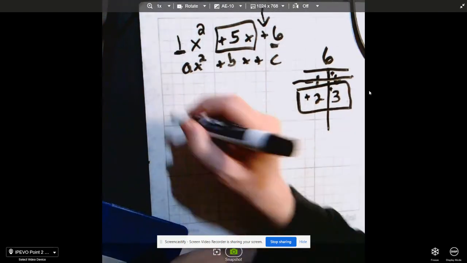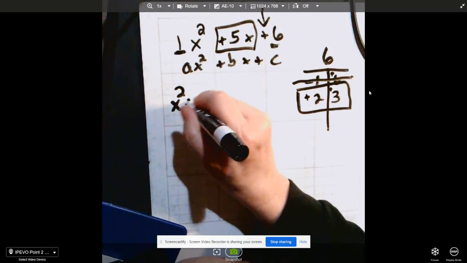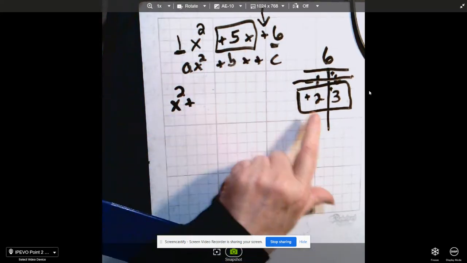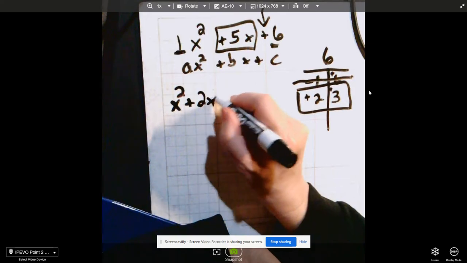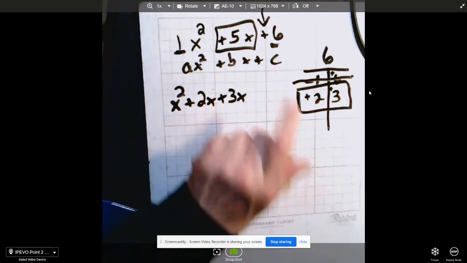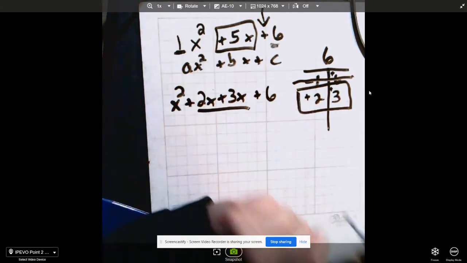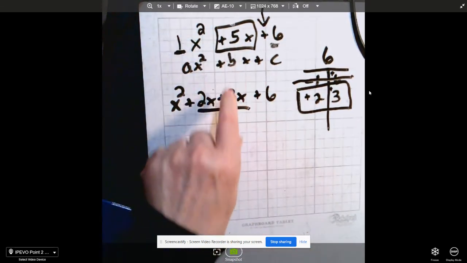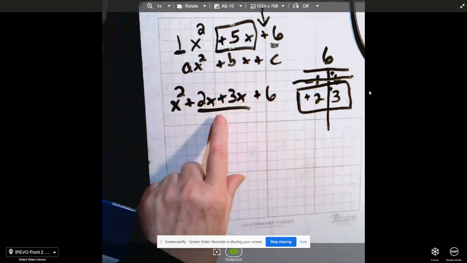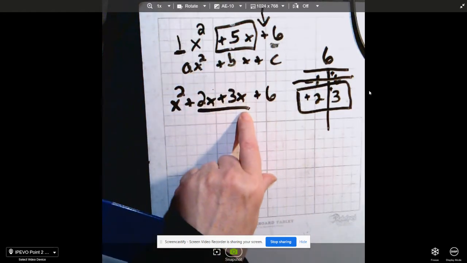So I'm going to start again with x squared, but now instead of 5x, I'm going to write 2x plus 3x. And then I'm going to finish my trinomial with the +6. You can see I haven't changed this middle term. All I've done, instead of writing it as a 5x, is write it as 2x plus 3x.